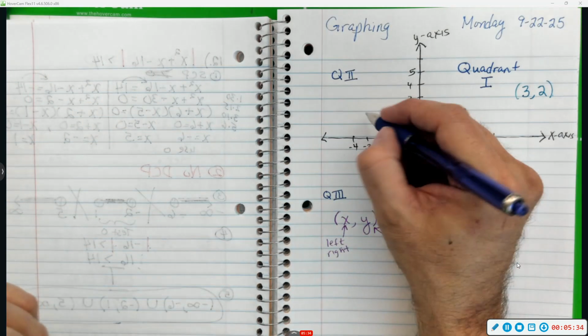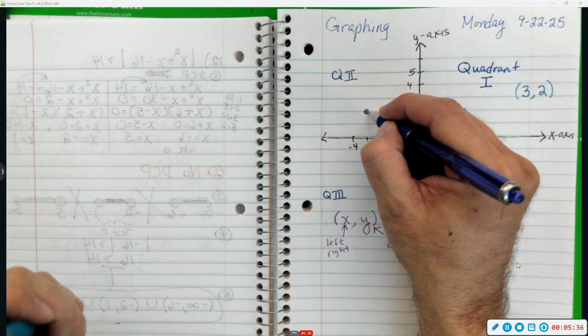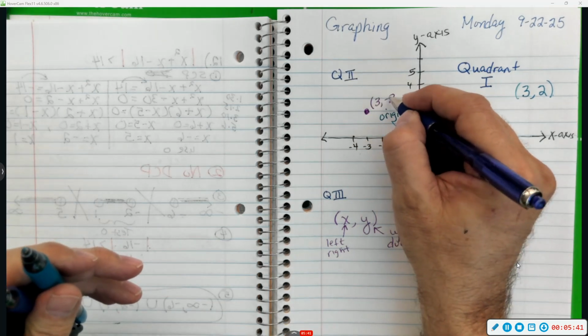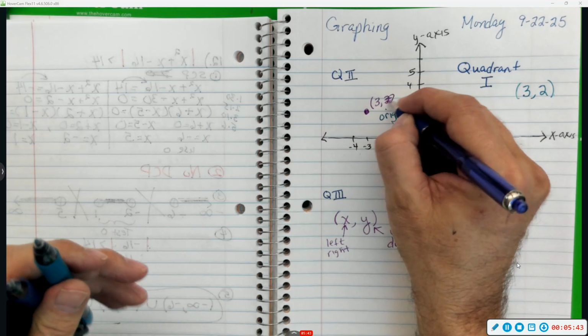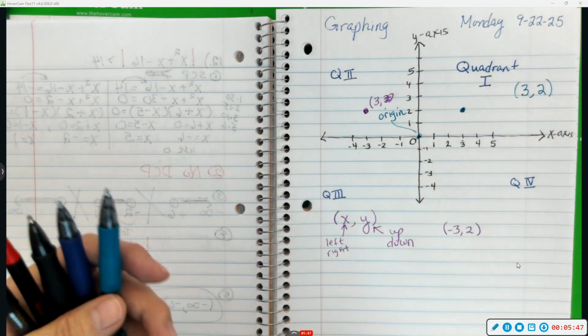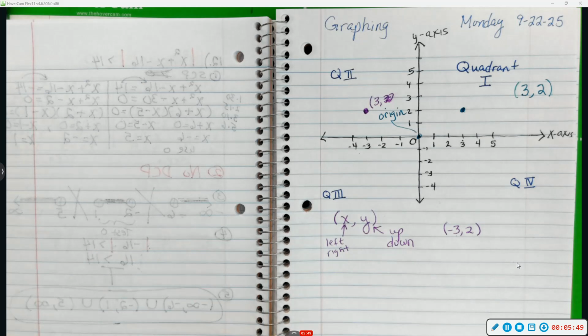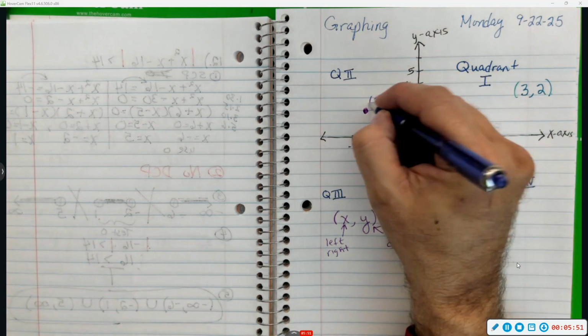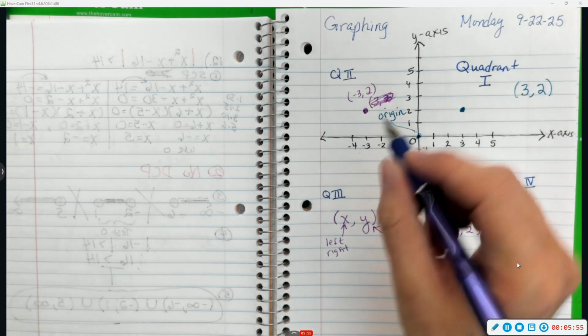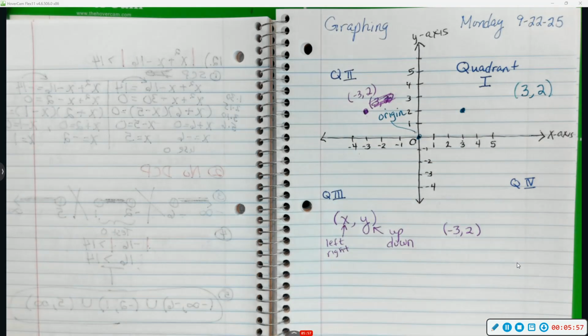Left 3, up 2. That's the point (-3, 2), the purple one.